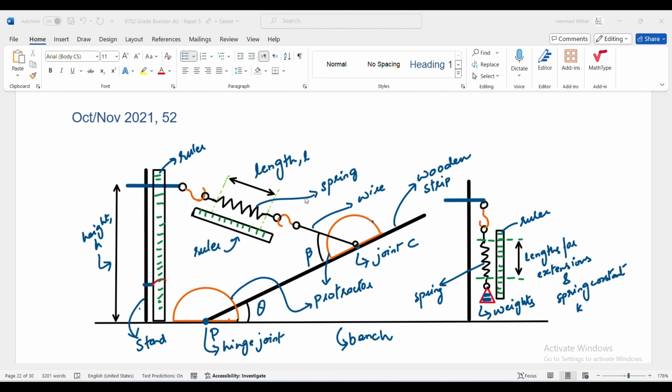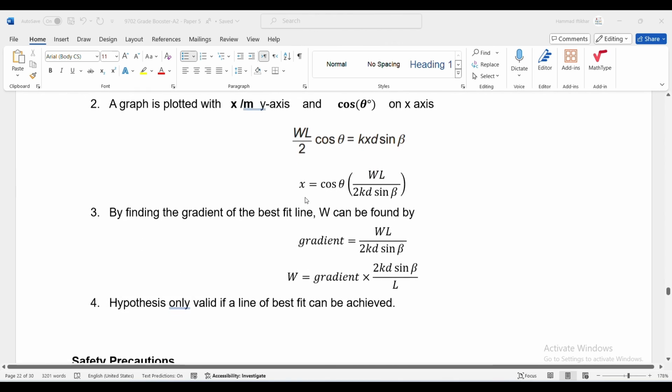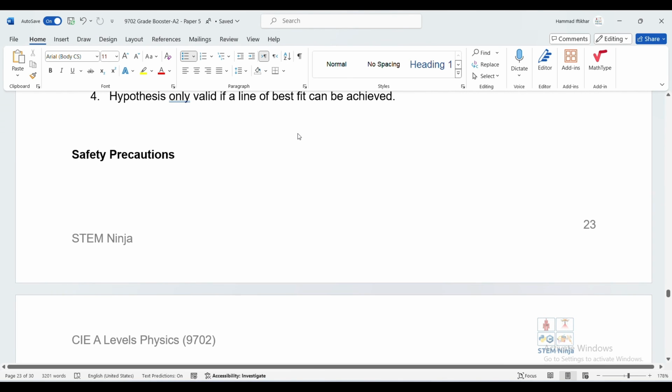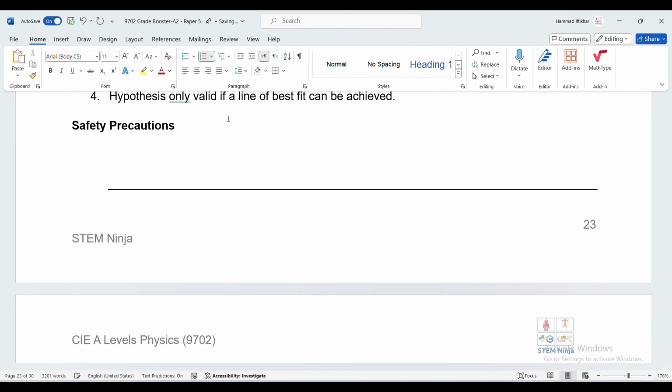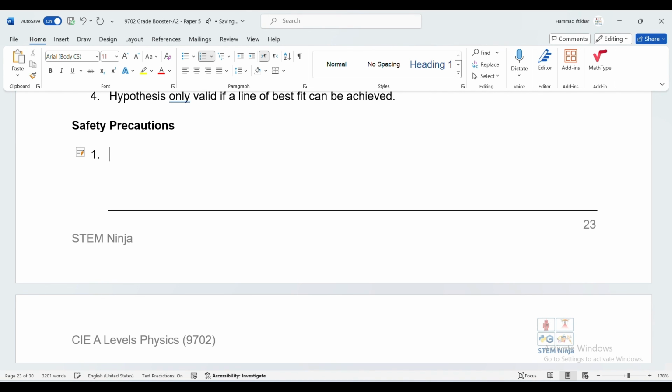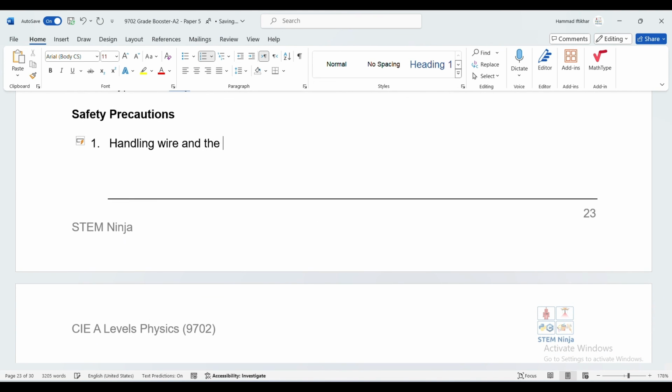So we can say handling the wire and the joints carefully to protect against injury to eyes and fingers.